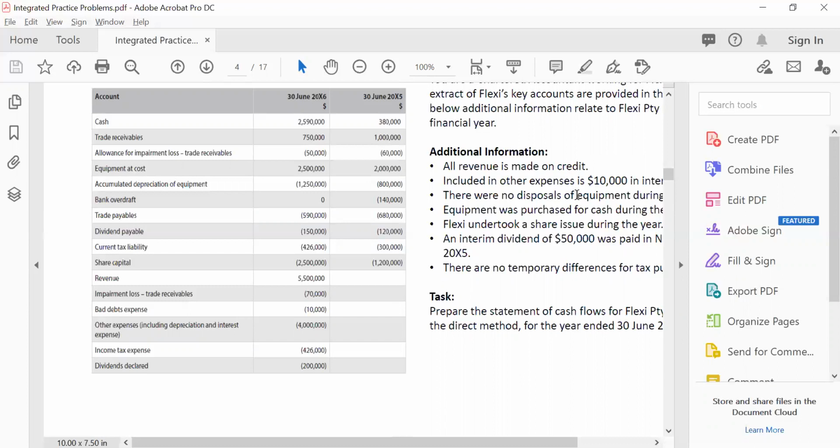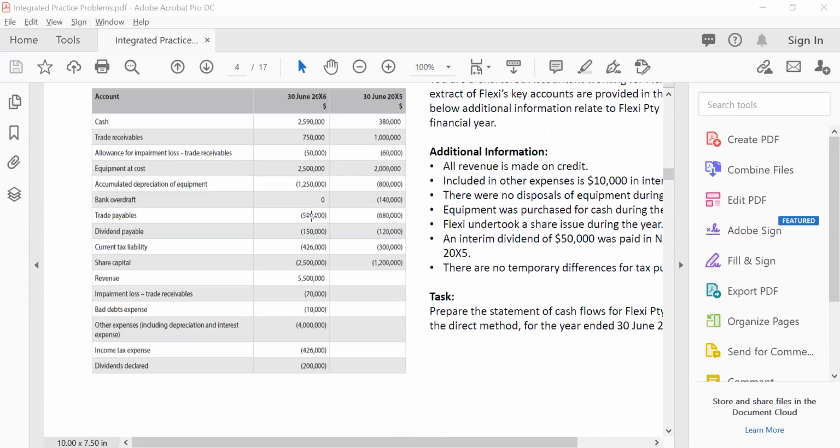But what about depreciation expense? Depreciation expense must come from this component here, which is the accumulated depreciation of equipment. The change between these two amounts between each of the years shows depreciation. If we take the difference, which is 450,000, that is going to be depreciation expense.